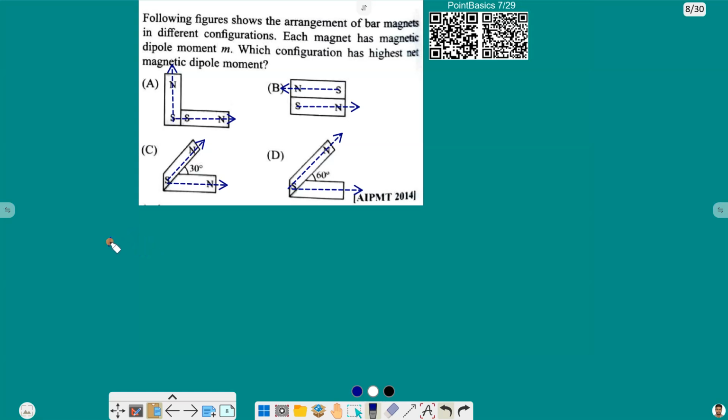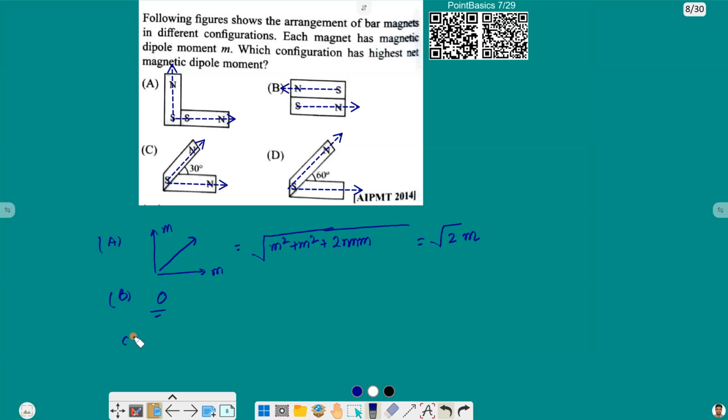So in option A we have m and m, and their resultant will be given by root of m square plus m square plus 2mm cos of 90. Cos 90 is 0, so it will be root 2 times m. For option B, both vectors are in opposite direction, equal in magnitude, so their resultant will be 0.